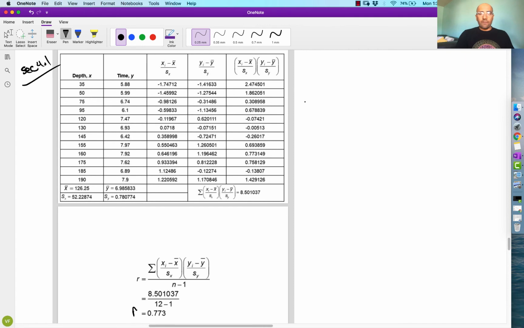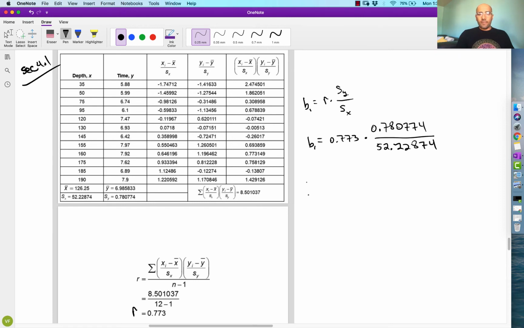So remember that B sub 1 is going to be equal to R times S sub Y over S sub X. So B sub 1 is going to be equal to 0.773 times S sub Y, which is 0.780774, divided by S sub X, which is 52.22874.